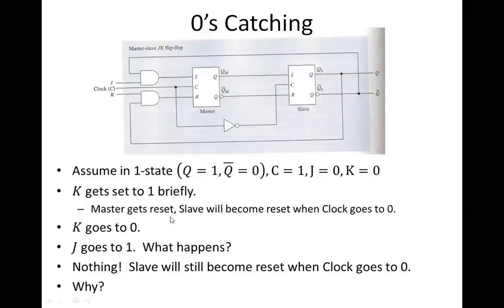Master gets reset, slave will become reset when the clock goes to 0. That we have understood. So when 0 comes here, 1 is here, this is enabled. And since J is getting 0, the output is also 0. Which means my master is reset. Next clock cycle, the reset phase gets transferred to slave. Is that clear? Students, what all we have discussed so far? Till this point, are you clear?